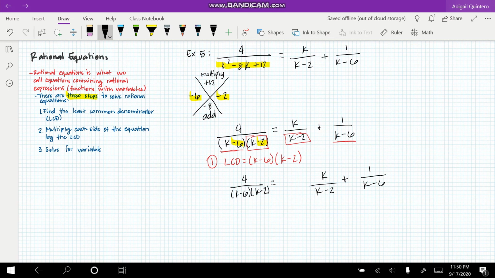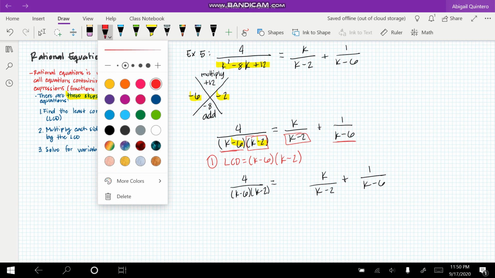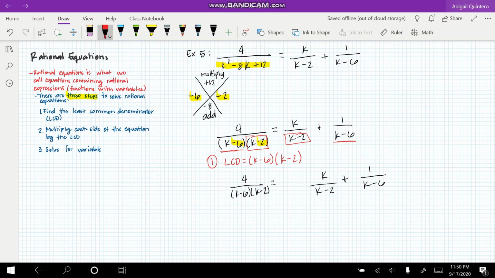And I'm going to multiply each of those terms by the LCD. So my LCD for the first one is k minus 6, and then k minus 2. And that's going to be for every single fraction.